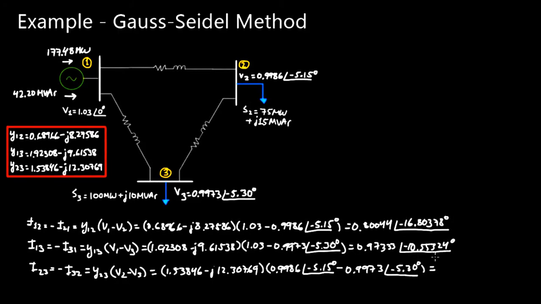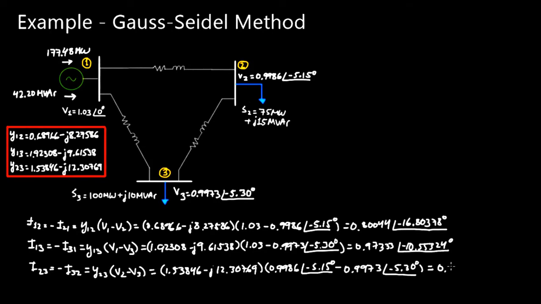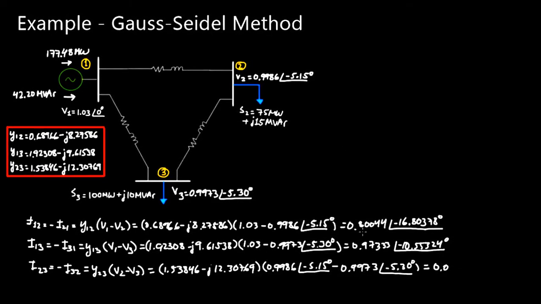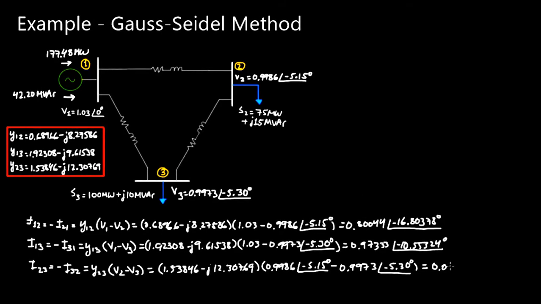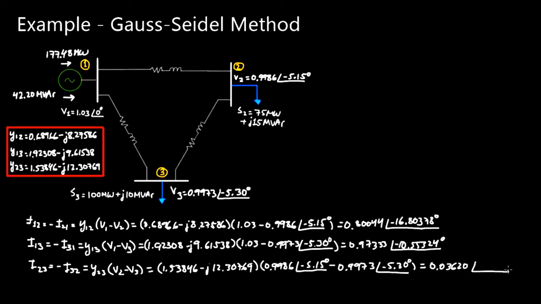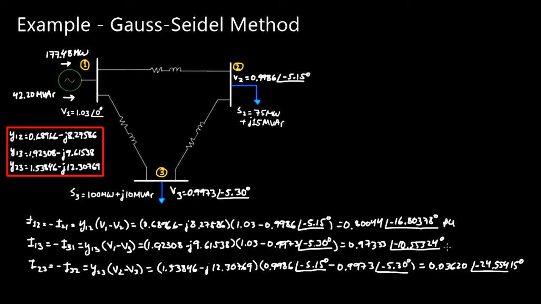If we calculate that, we get that the current is equal to 0.03620 at an angle of minus 24.55415 degrees. Of course, all these currents are in per unit.